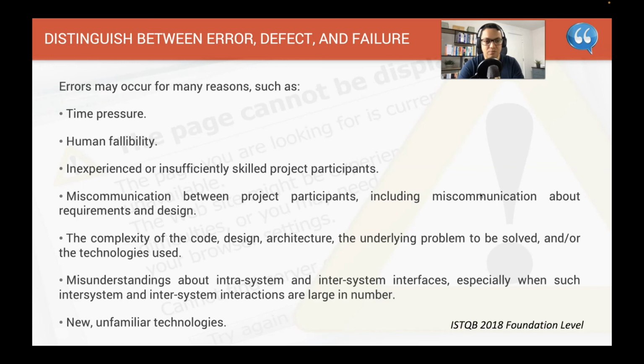And this is a quote from the ISTQB Foundation Level 2018. Just bear that in mind because this is an important part that falls into the exam.